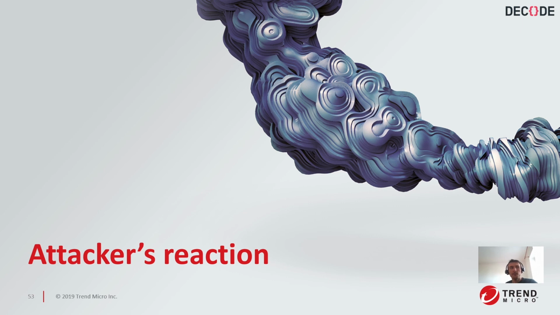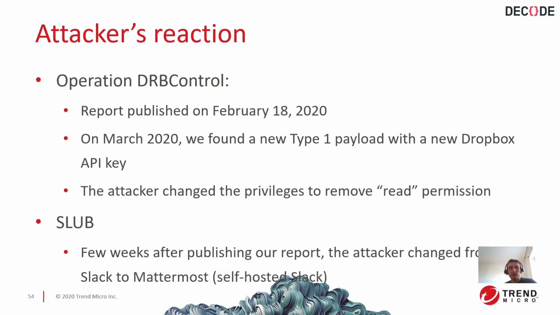So after seeing all this, after publishing our research, what happens? What's the attacker's reaction? In the case of Operation DRBControl, we published the report on February 18th. In March, we found that the type 1 payload had a new API key, and the attacker also changed the privilege to remove read permission, so we couldn't read the content of the directory anymore.